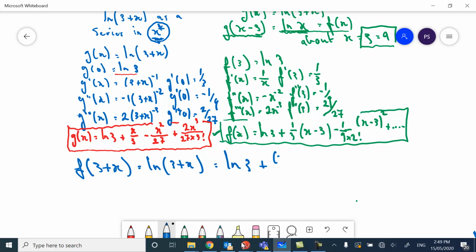Plus that will be x on 3, and then minus, replacing there, that will give me x squared on 18, and then the last term of course will be x cubed on 81. Because if I put here for there and for there, I replace both of those with 3 plus x, I'm going to end up with exactly the same scenario.